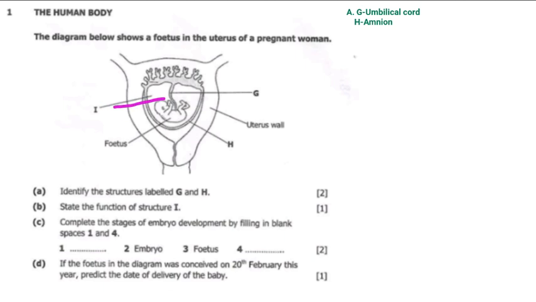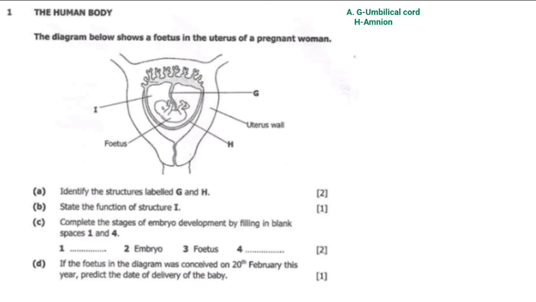That is the part labeled I. First, before we give it its function, we need to know the name of that part. So that part which is labeled I is called the amniotic fluid. So that space comprises liquids. So what is the function of the liquids in that area?